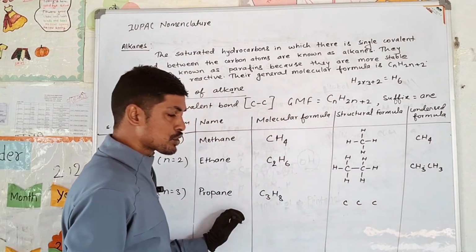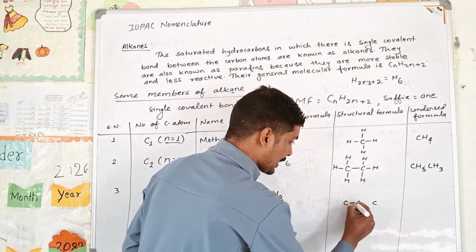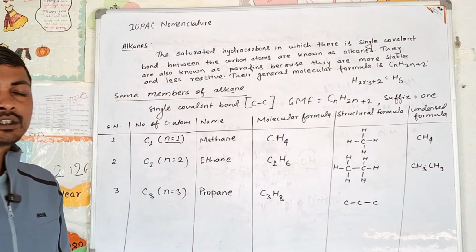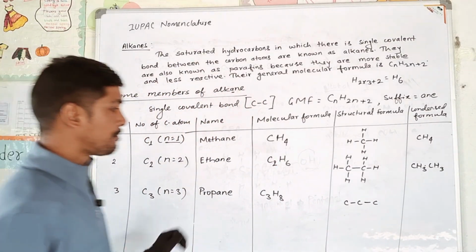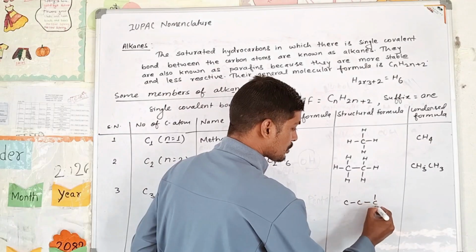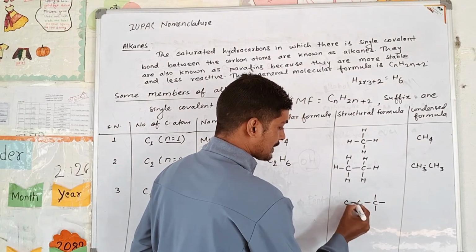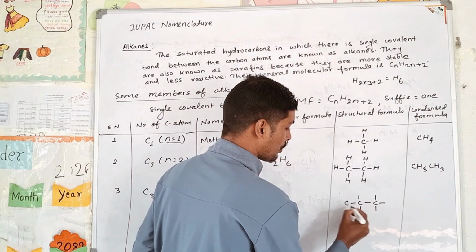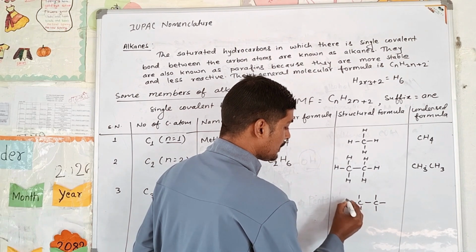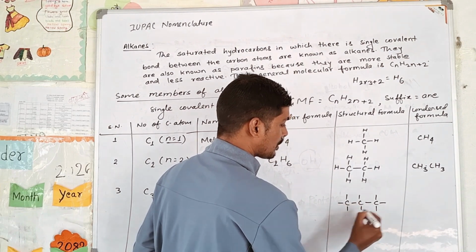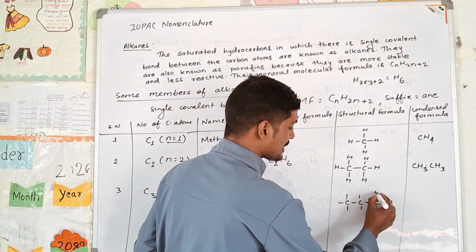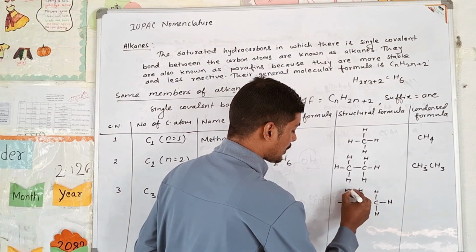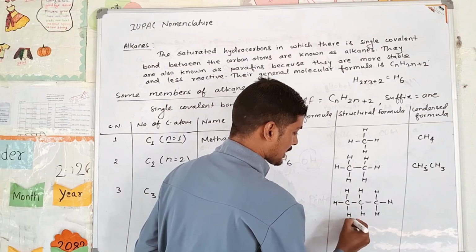Between the carbon atoms, place a single covalent bond. Now around each carbon, complete 4 covalent bonds. 1, 2, 3, 4. This carbon, already 2 bonds are there, 3, 4. This carbon also 1, 2, 3, 4. Connect hydrogen in each covalent bond and complete the structure like this.